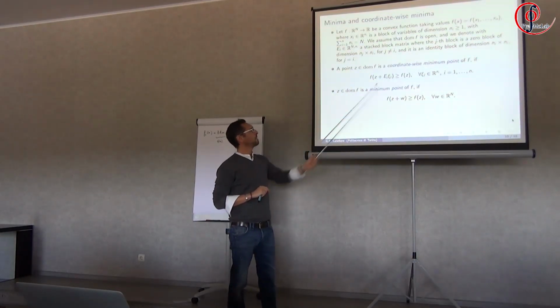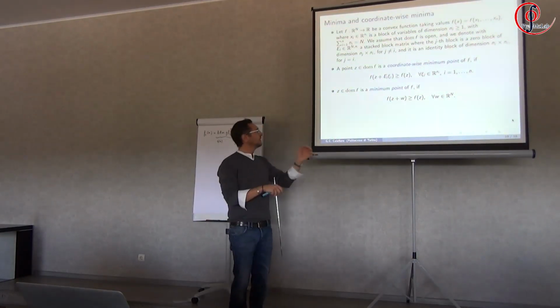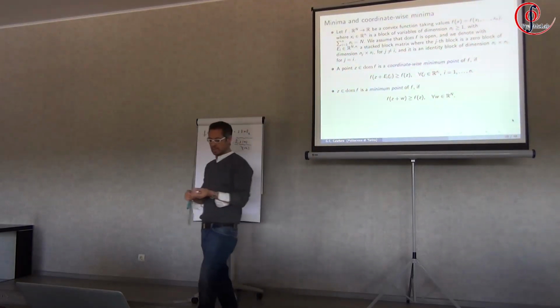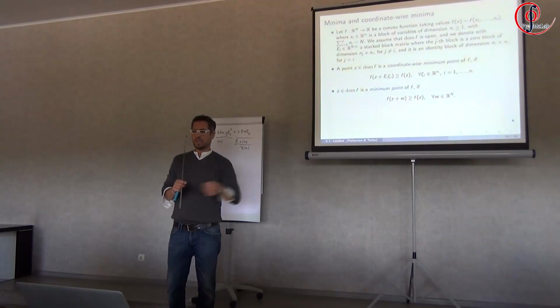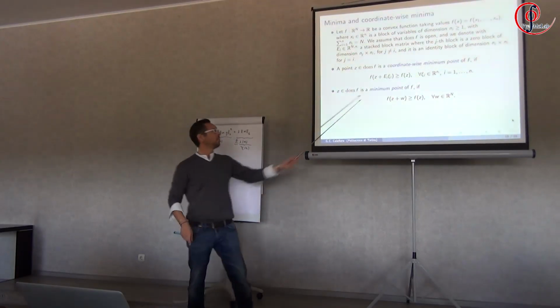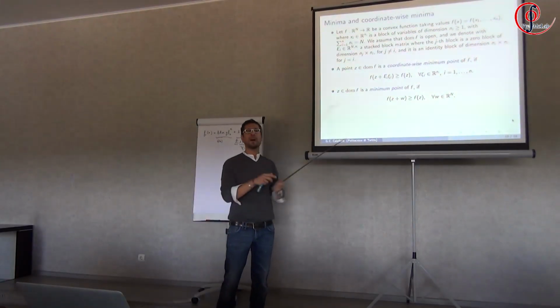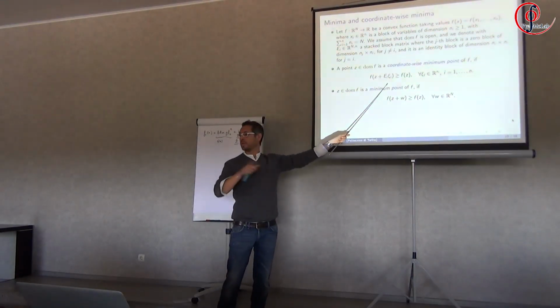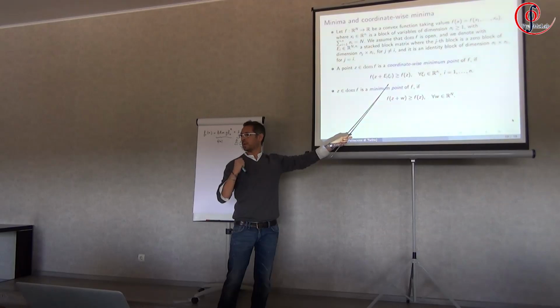So this means that z is a coordinate-wise minimum point when along any coordinate it's a minimum point. So I cannot find any better point moving along coordinates. Alright?